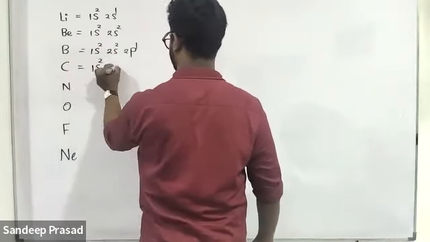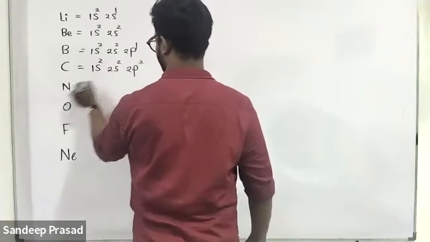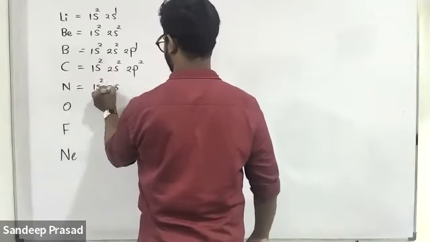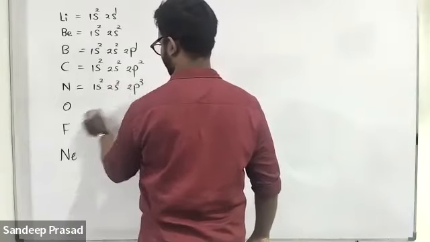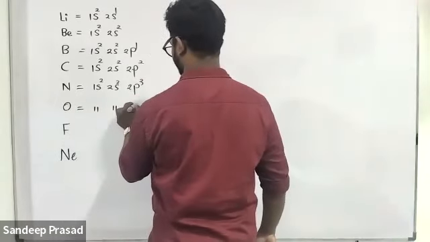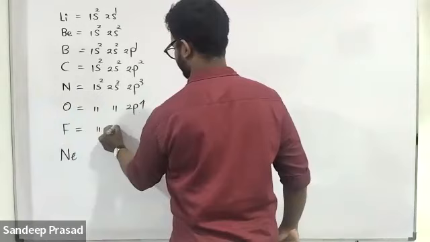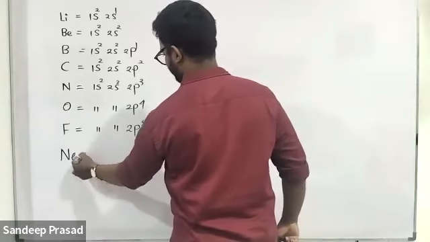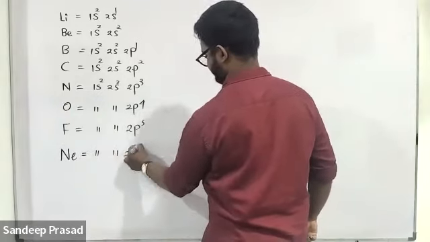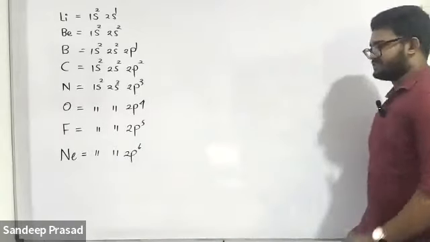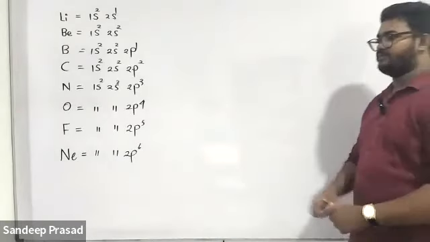Carbon is 2p2. Nitrogen is 2p3. Oxygen is 2p4. Fluorine 2p5. Neon 2p6. Now these are the elements along a period from left to right.